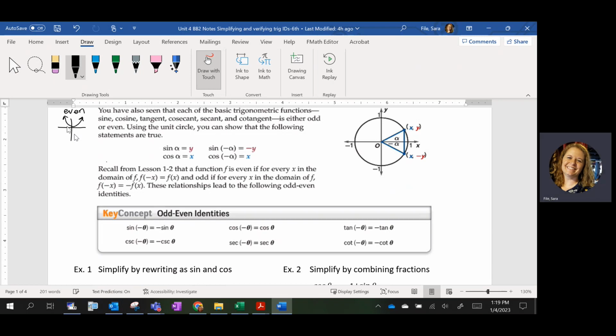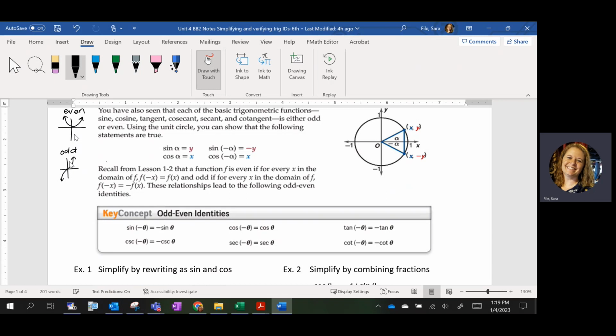That's how you graphically would tell if it was even or odd. Odd was the cubic function. Remember, the cubic function was odd. It's not symmetric about the y or the x. It's symmetric about the origin, meaning you can rotate it 180 degrees and it looks exactly the same.